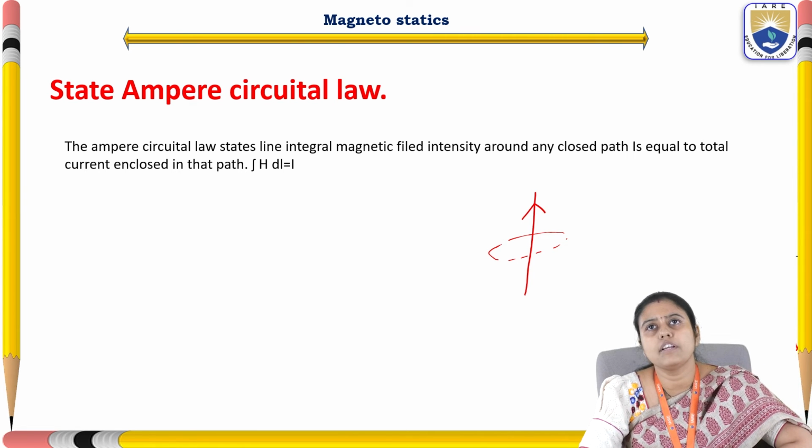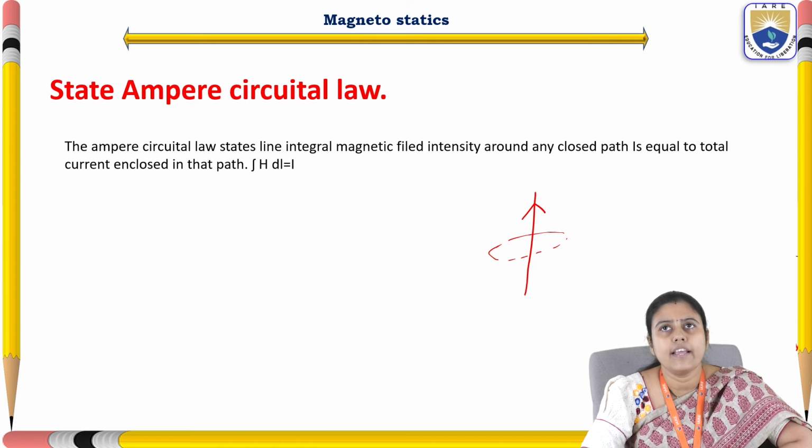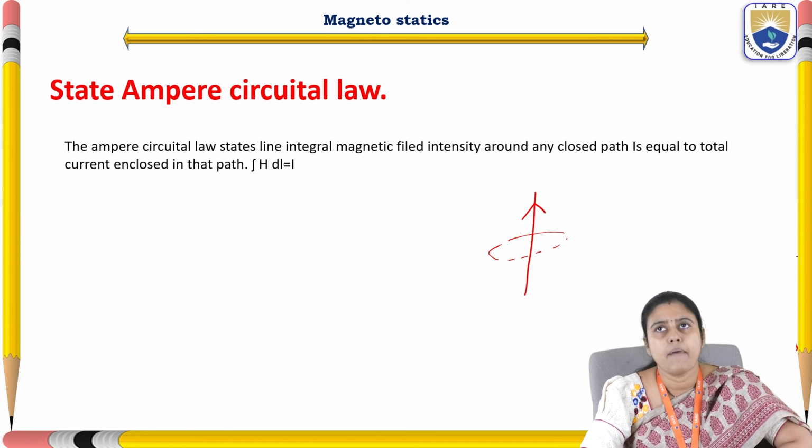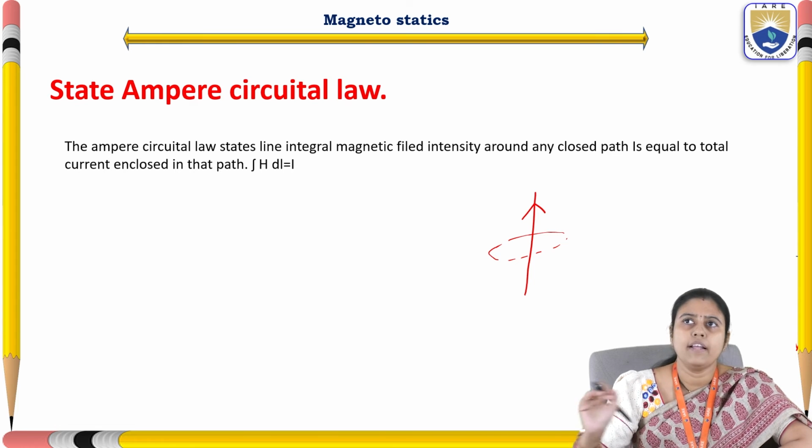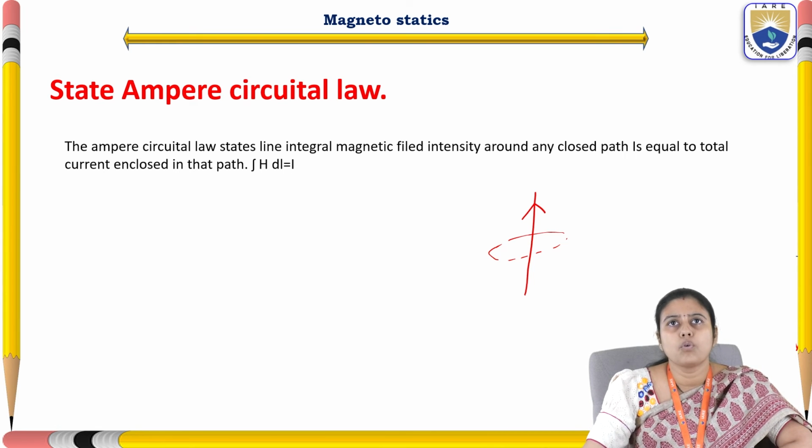The Ampere circuital law states that the line integral of the magnetic field intensity around any closed path is equal to the total current enclosed by the path.